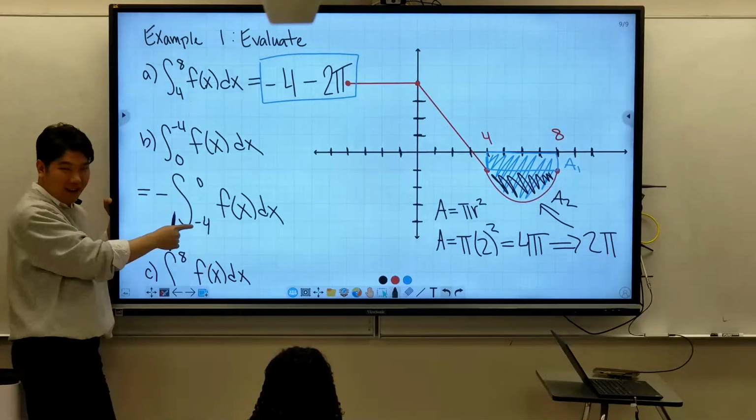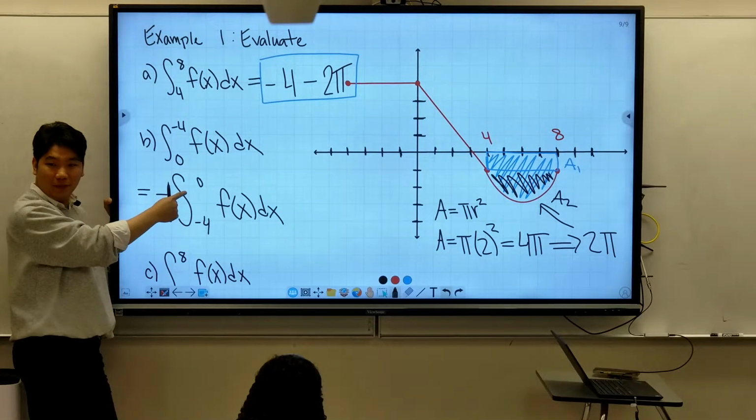This is a rule that I'm glossing over a little, but it is important: if I swap the upper and lower bounds, I negate the entire integral. So it's like making the entire thing negative. Yeah, basically. Now I definitely have smaller number to bigger number.